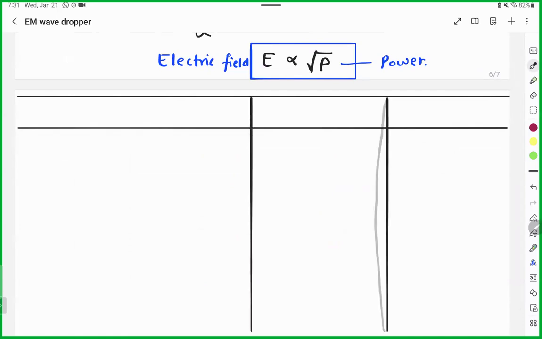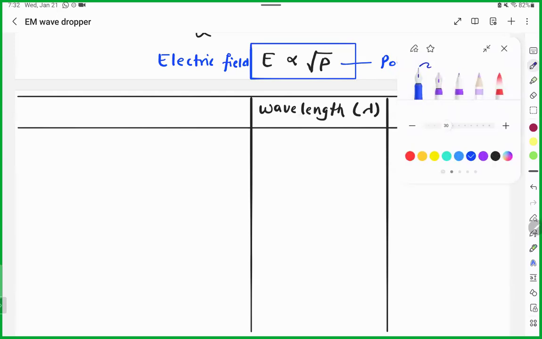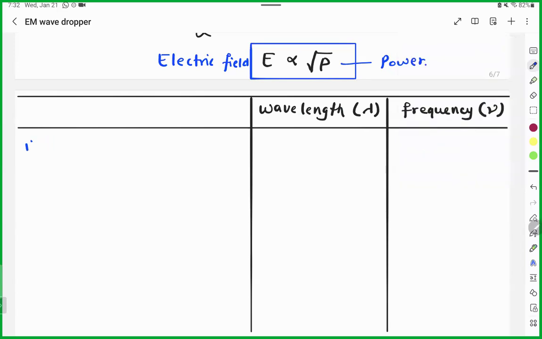Our chapter is already done. The last thing is wavelength and frequency, nu. Based on that, you compare different types of electromagnetic radiation. For example, first gamma rays. Second, Sarah, what will be second after gamma rays? Sir, X-ray. Very good.